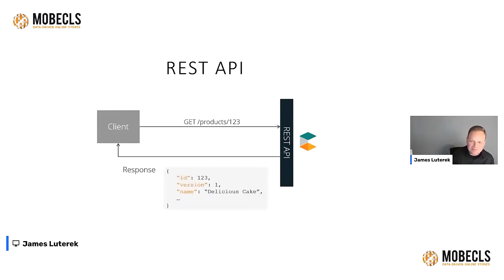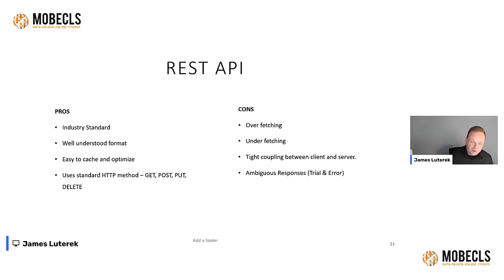Looking at a REST API, common practice, get your product by ID, and your response gives you everything about that product. Anything you wanted to know or that's stored about that product comes back as part of the REST API call. So pros, industry standard, everyone knows how to use it. Almost every service out there right now offers a REST API.